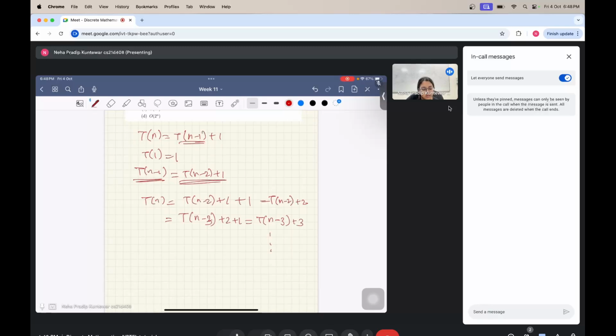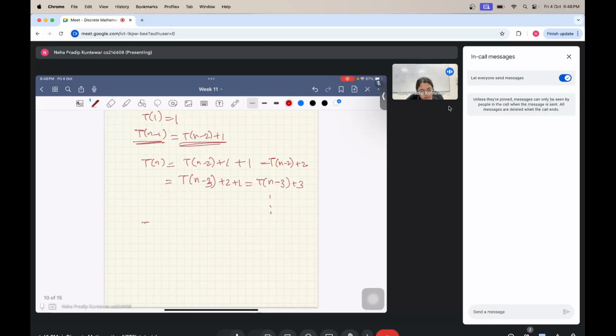So if you keep on doing this further, at the kth step you will have that t of n is the same as t of n minus k plus k. And now we ask the same question: for what value of k does t become very trivial?